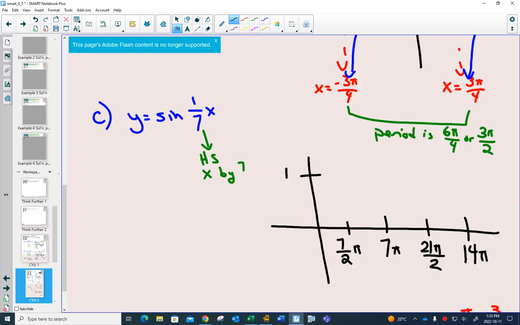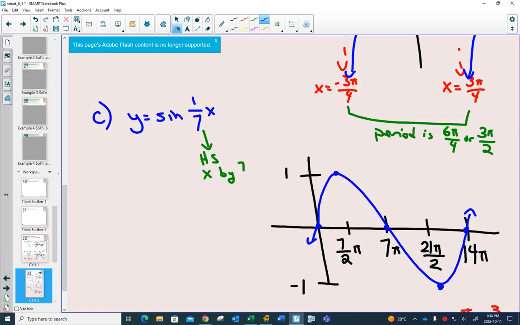Amplitude is still 1. The y values haven't changed. And where does a sine graph start? A sine graph starts in the middle, going up. So you just go from section to section. And this is way faster than the arrows, because you would have had 5 points to do with the arrows, and it would take a lot of space.